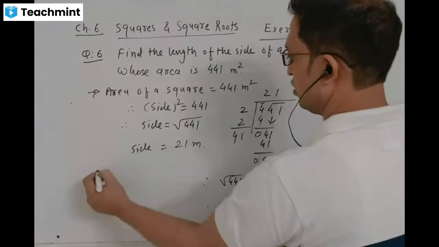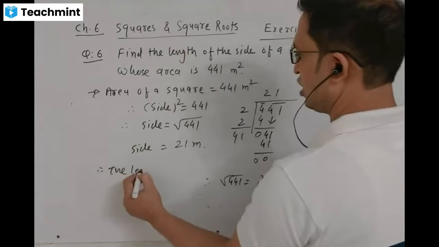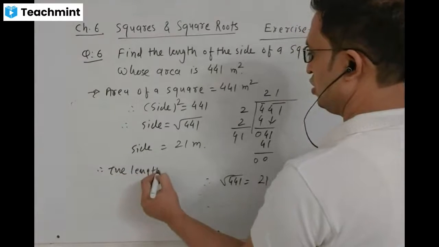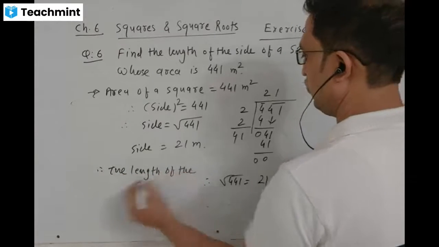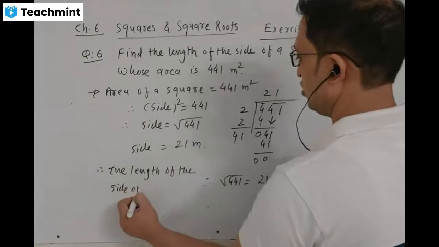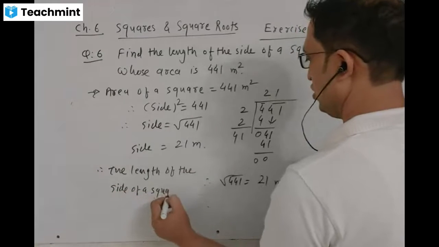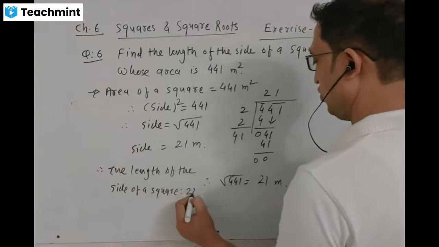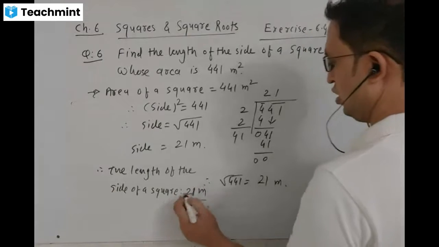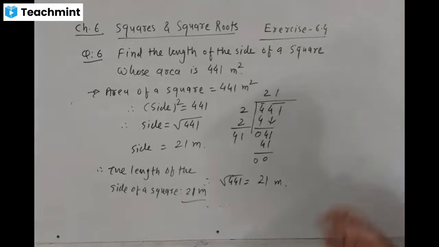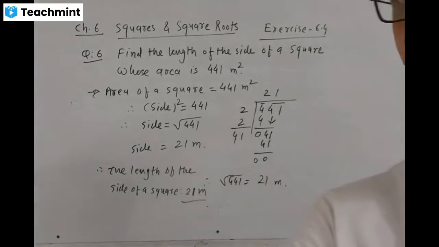Therefore, the length of the side of the square is equal to 21 meters. That is the final answer. Okay, clear? Yes or no?